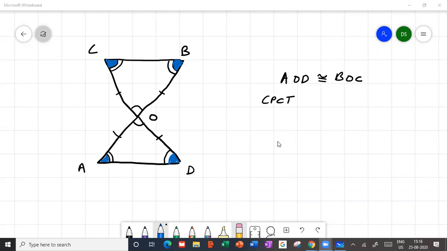That's exactly my point. I just wanted to show you why I'm saying this angle is equal to this angle. Since they have given that AO, OD, OC and OB are all equal, you can say that this is an isosceles triangle, and hence we can show that the alternate interior angles are equal, and hence CB is parallel to AD.